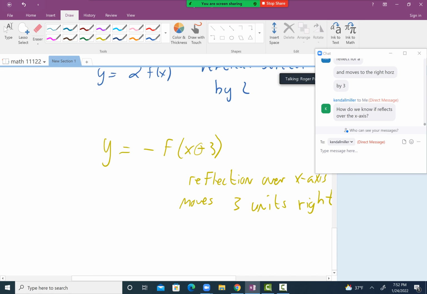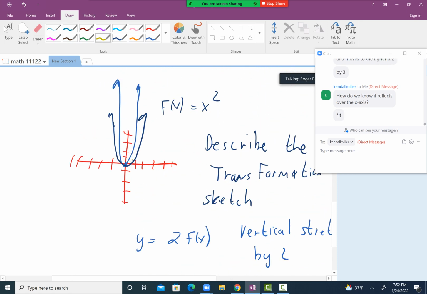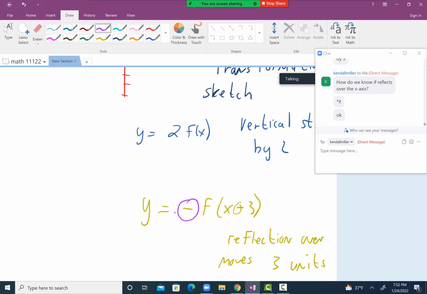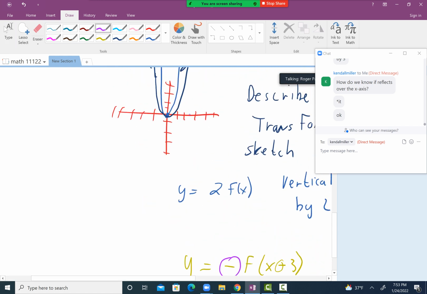Okay, so what is that going to look like? Well, it's going to be reflected. It reflects over the x-axis because the A is a negative. So then what we're going to do is move this over 3 and reflect it.